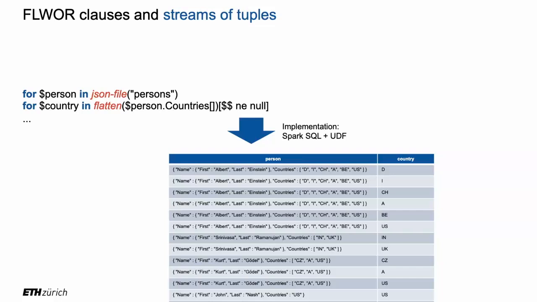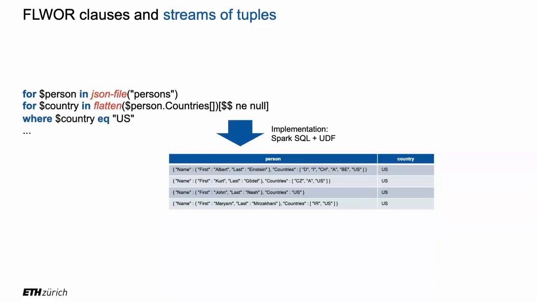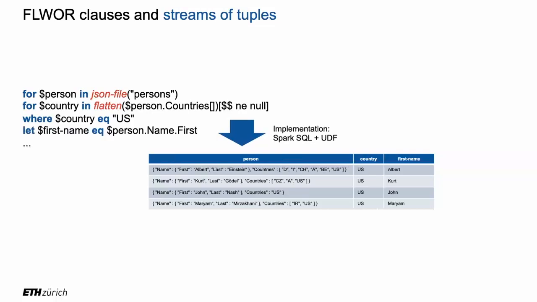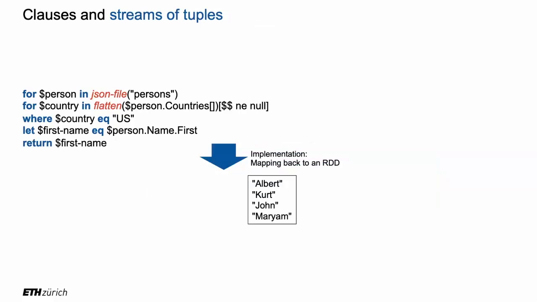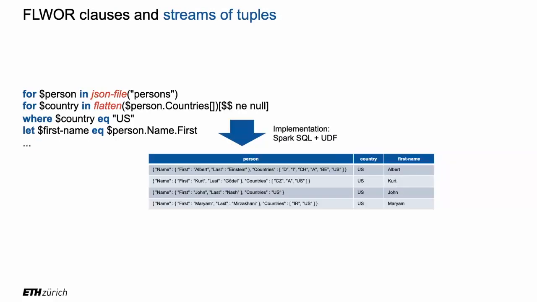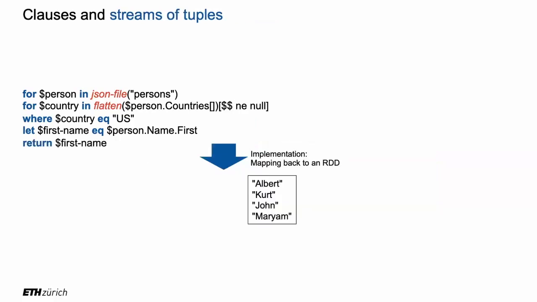And then it continues, where that's also going to be in Spark SQL with a where clause. So the where in JSONiq translates to a where in SQL. Then you have a let that you can also handle with some SQL query, right? Adding a third column that is using an extended projection to do that. And then return is going to evaluate in parallel the expression.